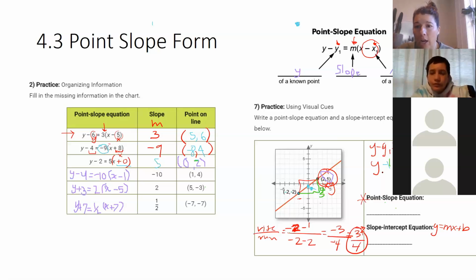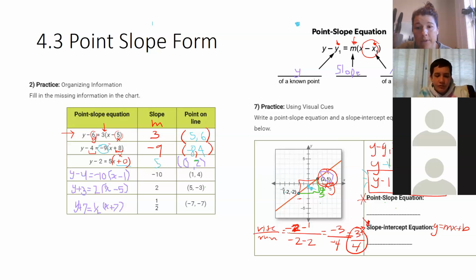Beautiful. Okay, so our equation, I'm just going to write it in one color so we can see, is y minus 1 equals 3/4 times x minus 2. Okay, that is our equation in point slope form. Okay, now once I know my point slope form, how would I find my slope intercept form?